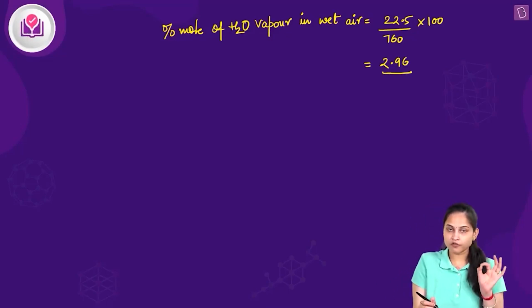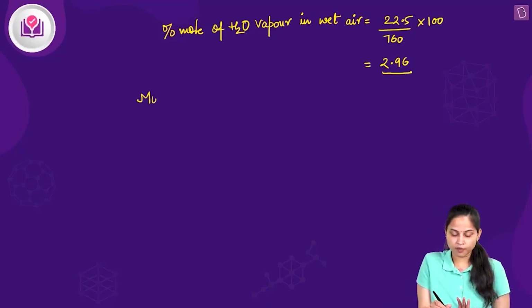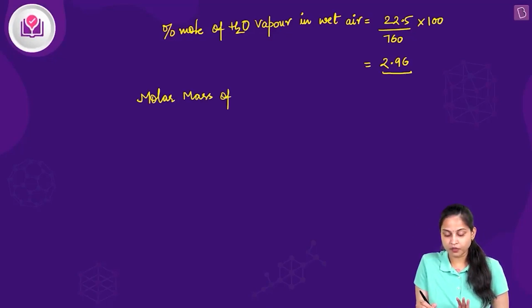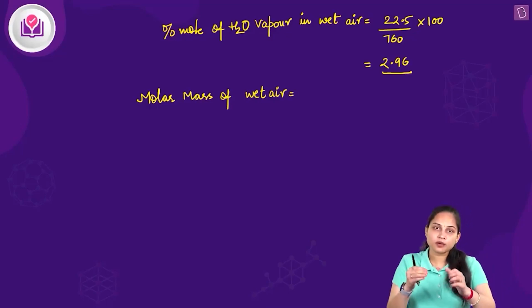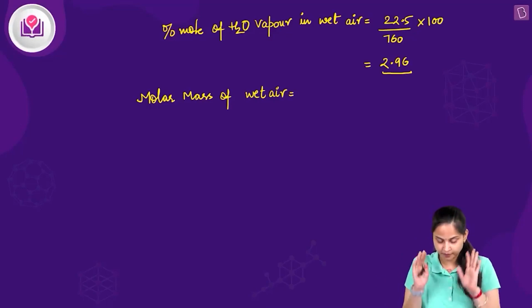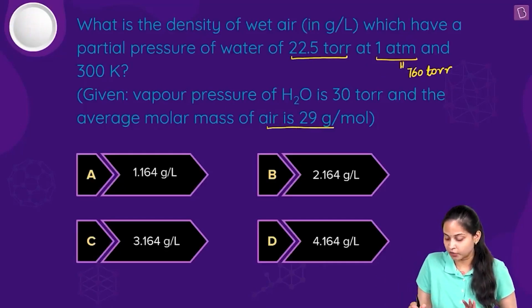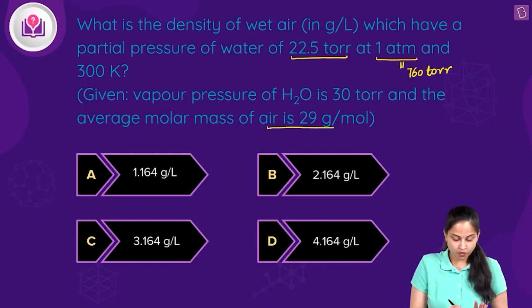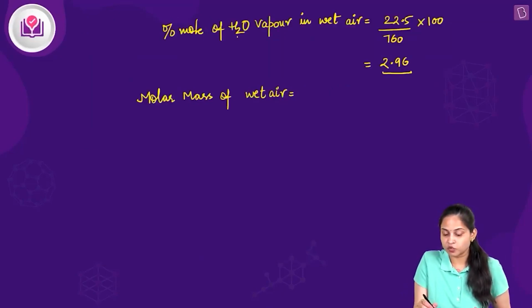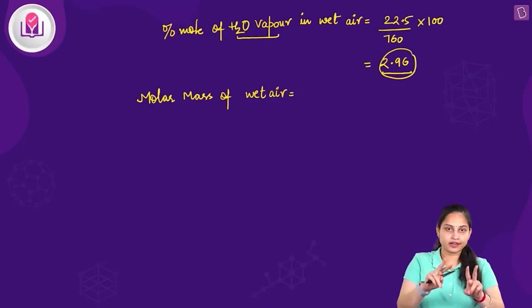Okay. Now if I talk about the molar mass of wet air, it will be equal to the molar mass of dry air plus the molar mass of H2O vapors. That is the thing. Over here in the question we are given the average molar mass of the air, 29 grams per mole. Now if the mole percent of H2O vapor is 2.96, then what is the mole percent of dry air?